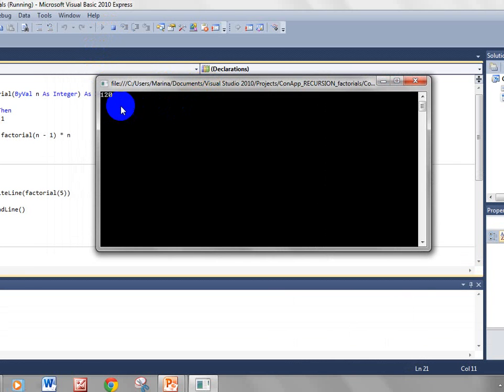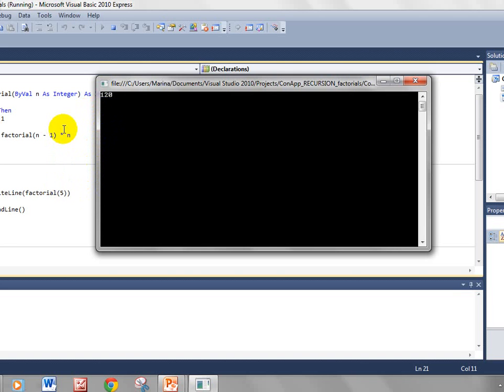Right, the answer is 120. What's happening? 5 is being passed back, and it says 5 minus 1 times 5. So 4 times 5 is 20, and the value 20 gets passed back to the parameter, and that 20 gets passed back again. So now we have 3.